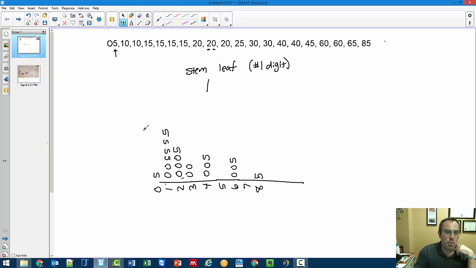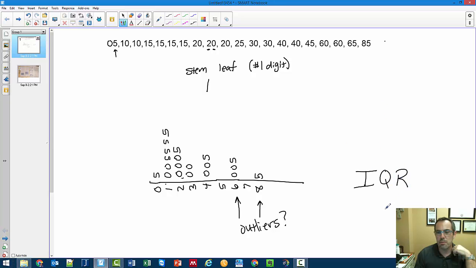All right. So the question is going to be whether or not these are outliers. So we are going to measure that by using something that is called the interquartile range. And we figured that out before, and we'll just kind of review that again.